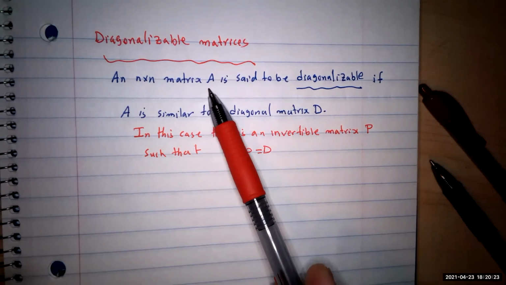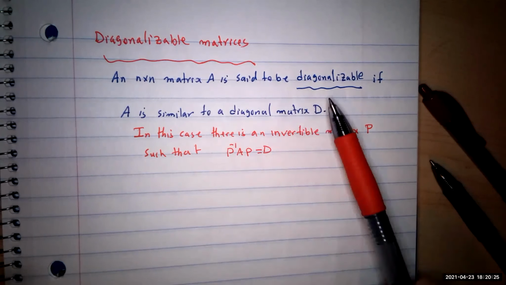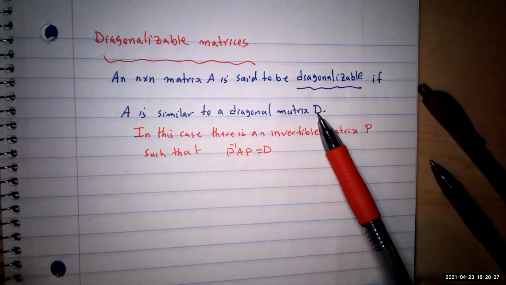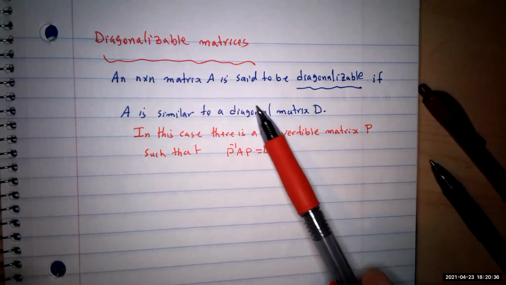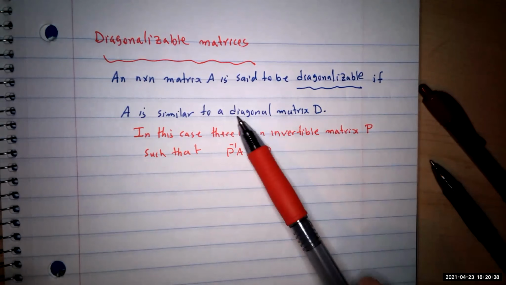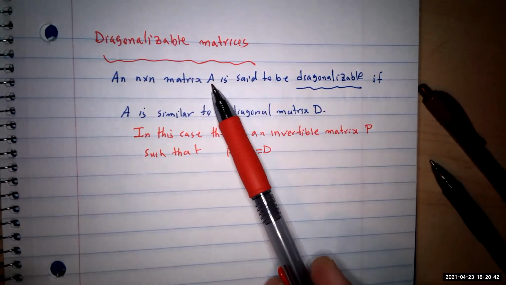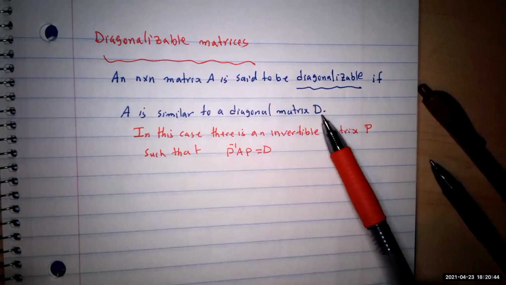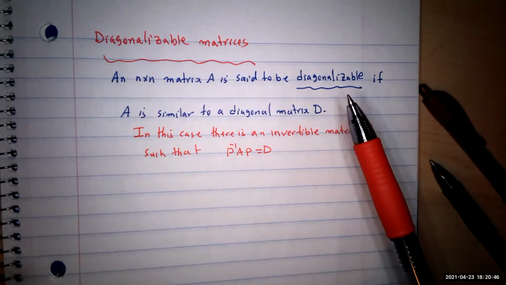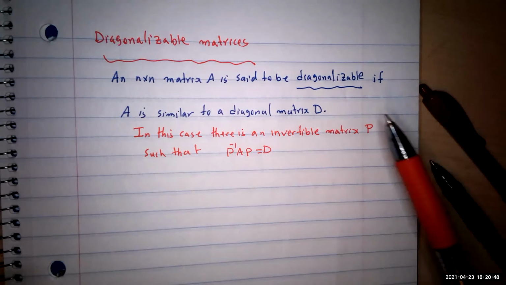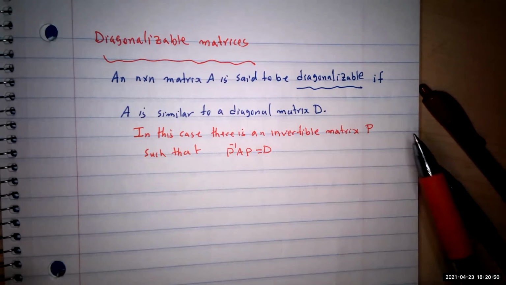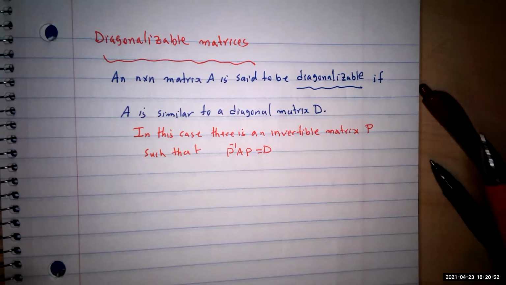This matrix D, the diagonal one, is going to be a diagonal matrix whose entries on the main diagonal are all those eigenvalues that we talked about. So D, instead of D1, D2 to Dn, is going to be lambda 1, lambda 2, lambda 3 to lambda n. That's D.